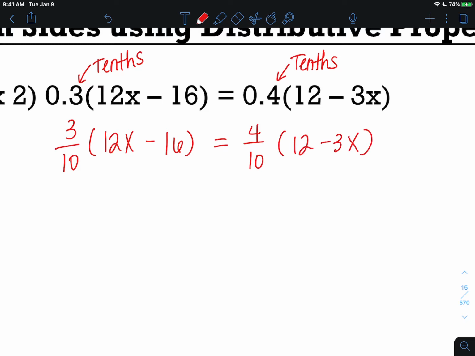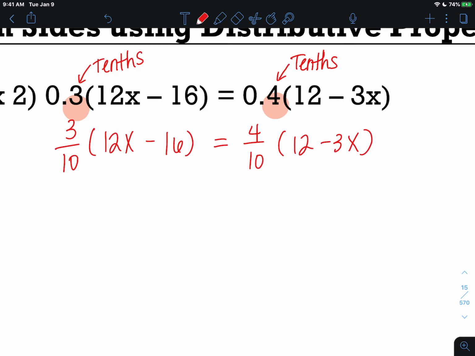Okay. So yes, I could go ahead and multiply these in. I could do all kinds of fractions and crazy stuff. But remember, we want to avoid all that. We don't want to make stuff more complicated than it needs to be. So whenever I see something like this, I realize that for however many decimal places there are, I just multiply by that number of 10s.